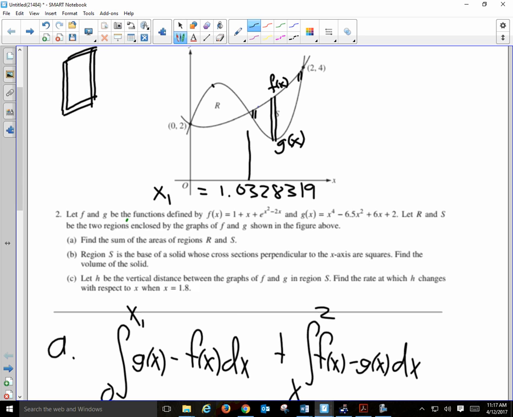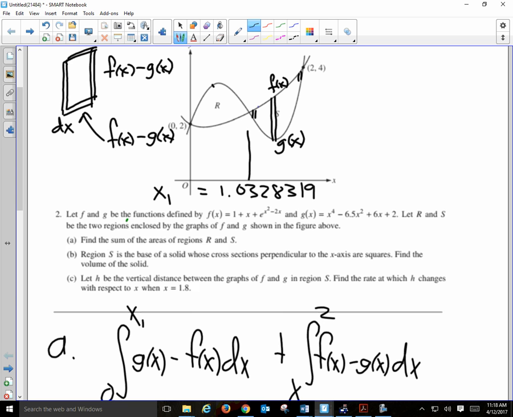First of all, its width is dx. What's the height? How do you calculate the height? F of x minus g of x. And if it makes a square, then what's the dimension that comes out of the board at you? It's the same thing as this, right? F of x minus g of x.